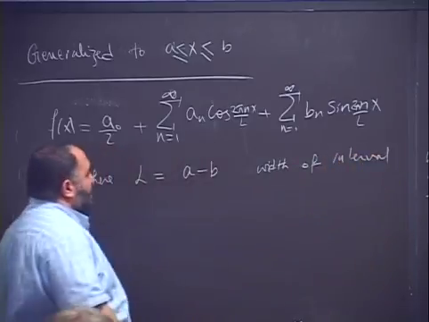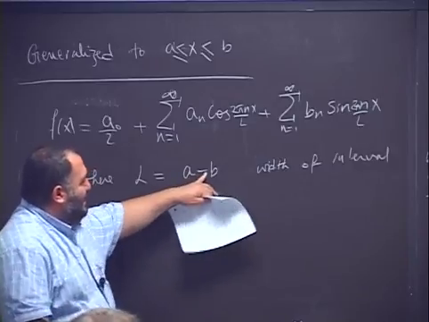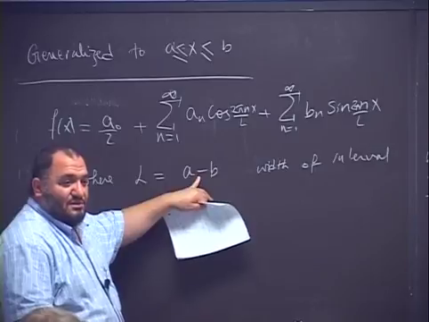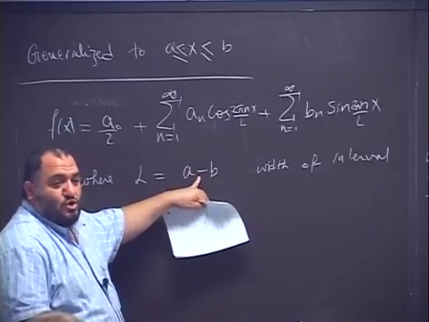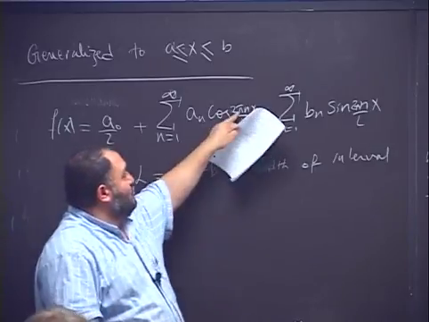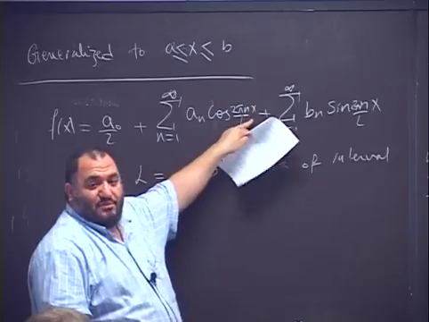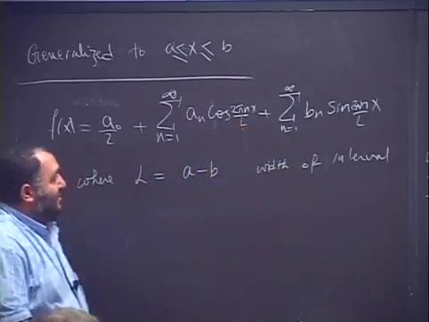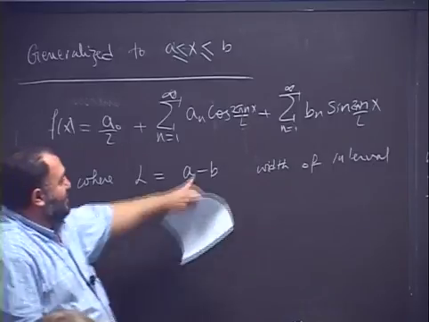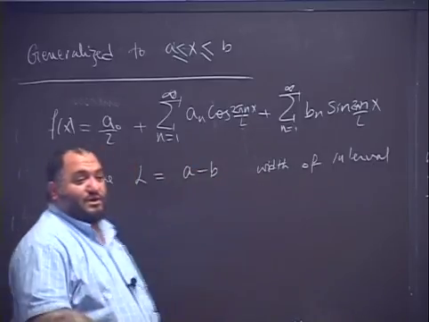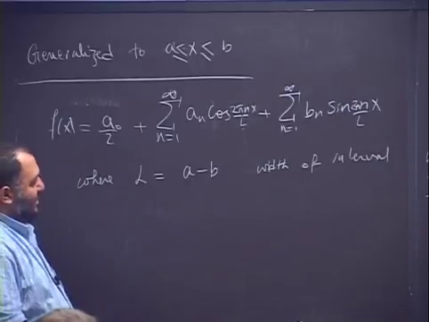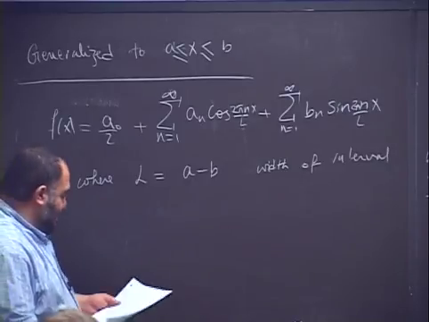So if A equals negative pi and B equals pi, this will give you what? 2 pi. So this will give you 2 pi over 2 pi multiplied by nx, and you will return back to the same case over there: a_n cosine nx plus b_n sine nx. Okay, guys?